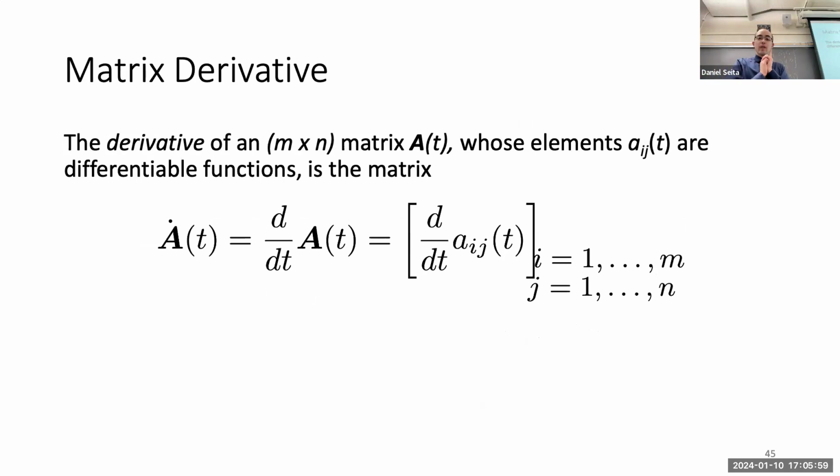The derivative of a matrix is one where the elements are differentiable functions. A(t) is the matrix, and A dot (t) is the matrix derivative. For all combinations of rows and columns, you just take the derivative with respect to t for the individual item.